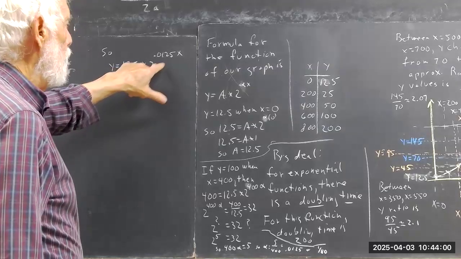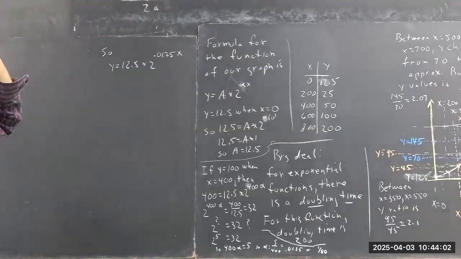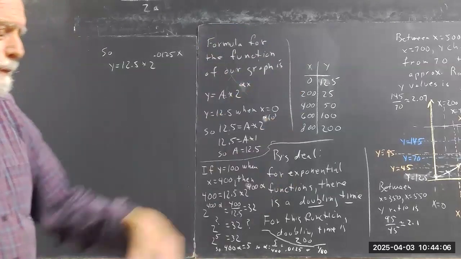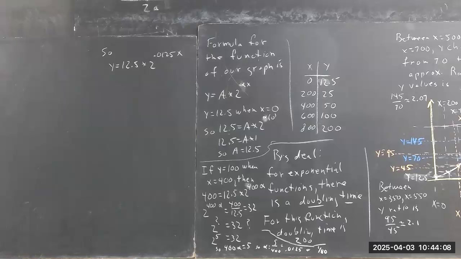It's 12.5 times 2 to the 0.0125x. And all these steps are steps that you can understand. Now, you might not be able to put them all together, and I probably wouldn't ask you to put them all together on a test or anything, or perhaps as an optional problem.